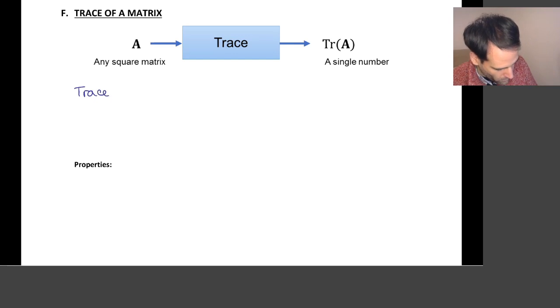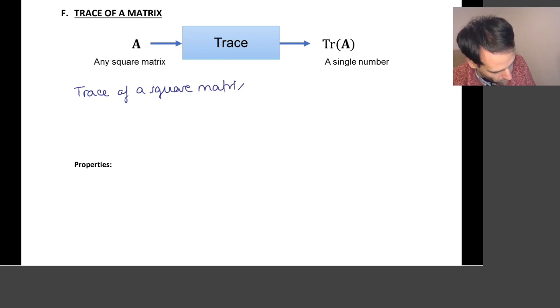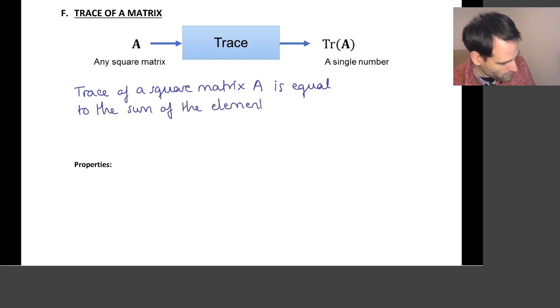Trace of a square matrix A is equal to the sum of the elements on the main diagonal.